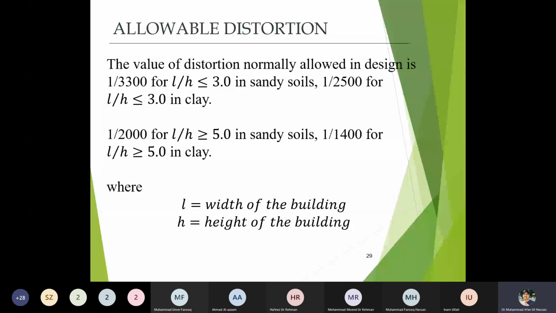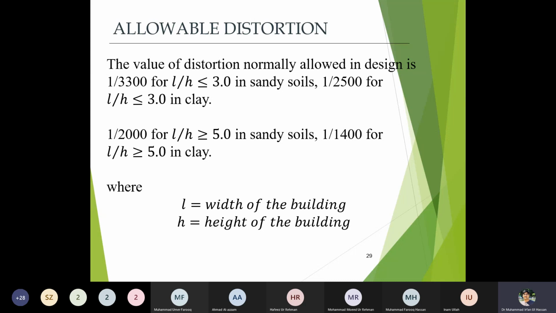This is the differential settlement, that is, how one building can settle with respect to the height and length limit. If the length of the building is L and the height of the building is H, and L over H is less than 3, then the maximum distortion allowed is 1 in 3300 in sandy soil, and 1 over 2500 distortion is allowed in clay soil.